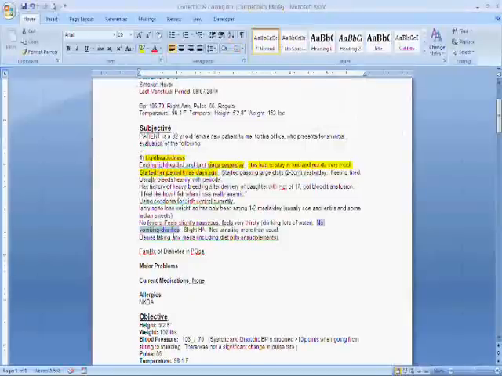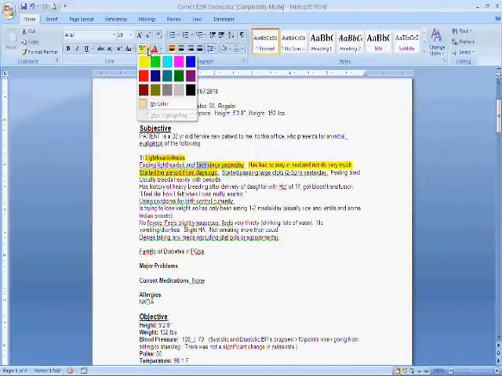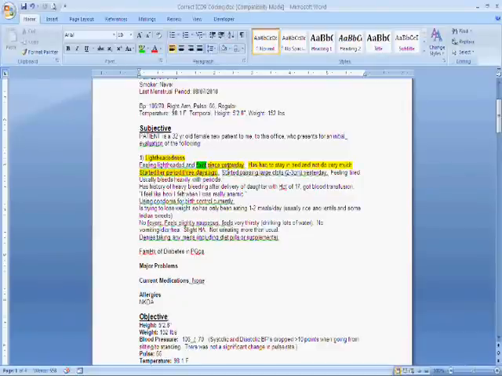So when you go through a note to look for any review of systems, you want to look for things that are complaint related. So as an example, I've got faint. Now faint could be a constitutional, it could also be a neuro, it could also be cardiovascular.